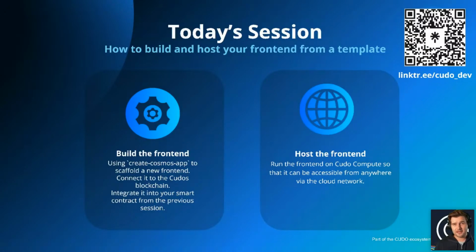Today, we're going to be building that front end and hosting it. Aisha's going to run through the way to get from a Create Cosmos app template over to a working front end for this specific contract, and then I'll show you how to host that onto CudoCompute.